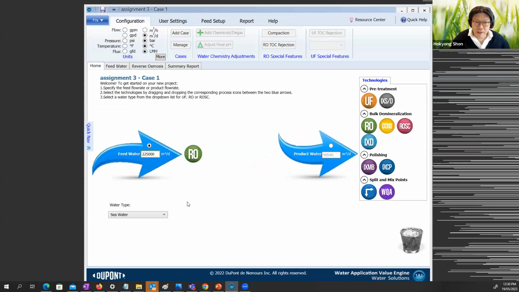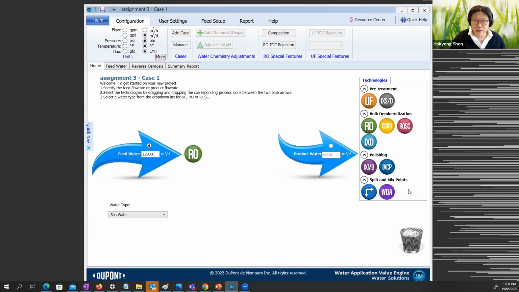He would like to design 225,000 cubic meter per day, and then he wants to achieve a product water of 90,000. So to get the 250, he may need around 2.5 trains for the design.